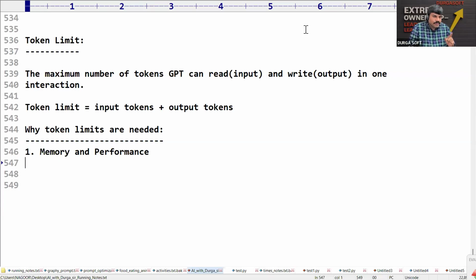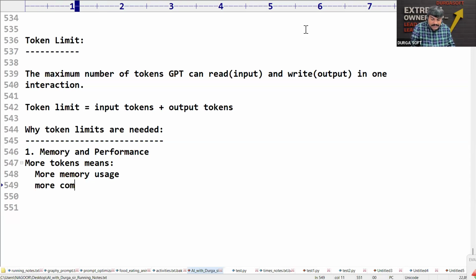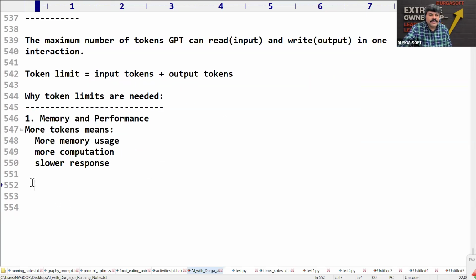More tokens means more memory usage, correct or not? Please confirm. More tokens means more memory usage, more computation, slower response. So token limits keep GPT fast, stable and efficient.